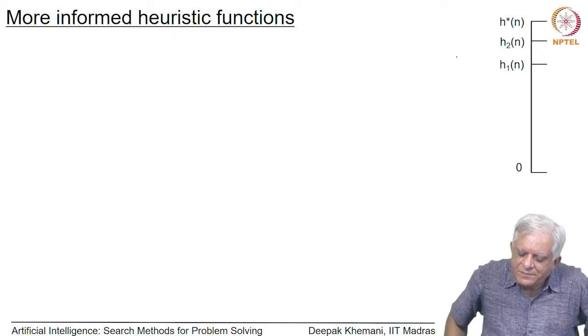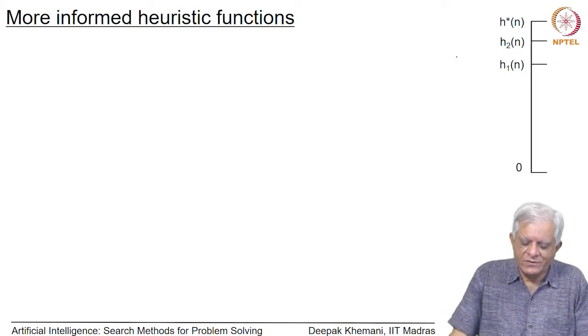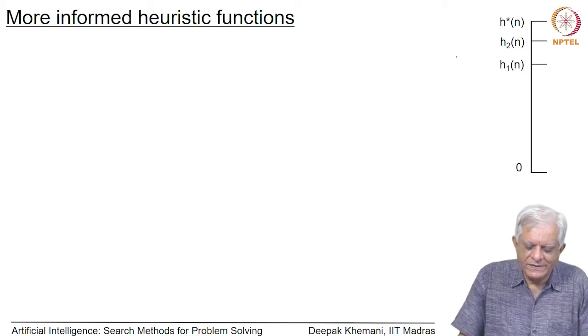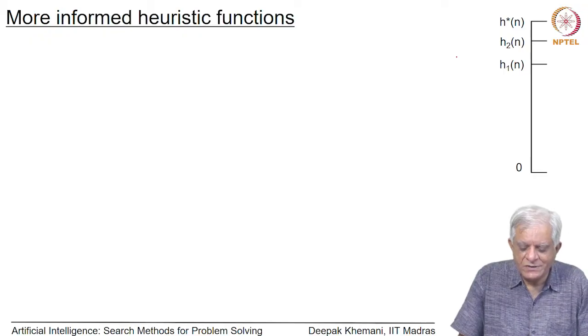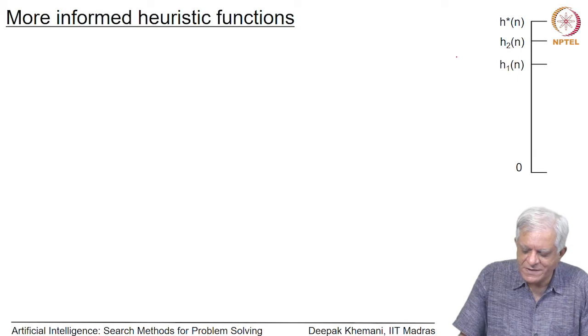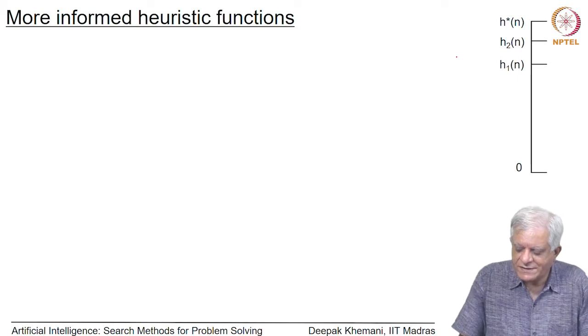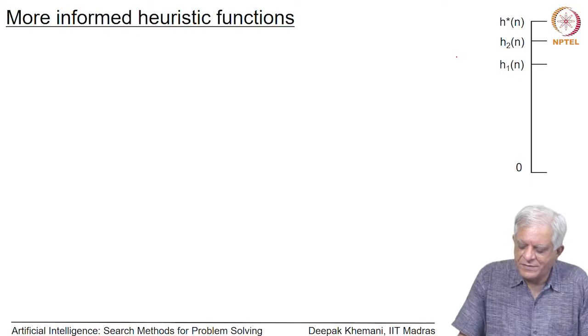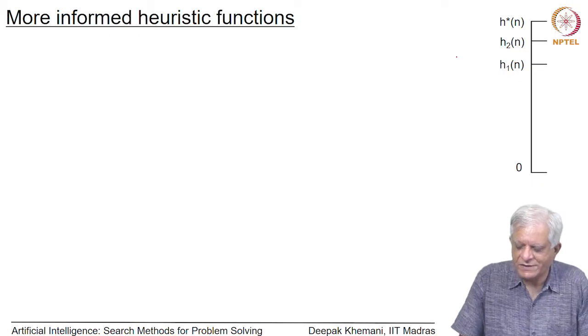Now, let us talk about different kinds of heuristic functions. So, one condition we have stated is that the heuristic function must always underestimate a distance to the goal, but different heuristic functions may have different levels of estimation. So, let us discuss the impact of how search behavior is influenced by the value returned by the heuristic function.